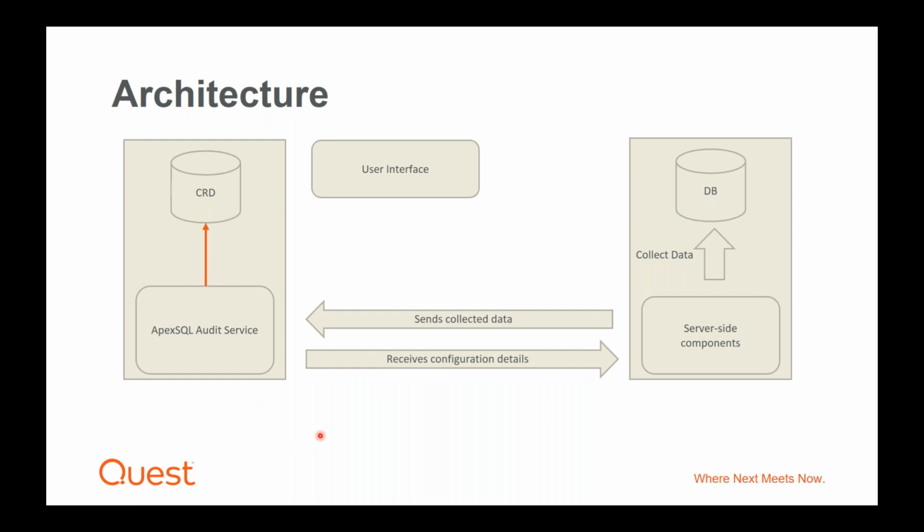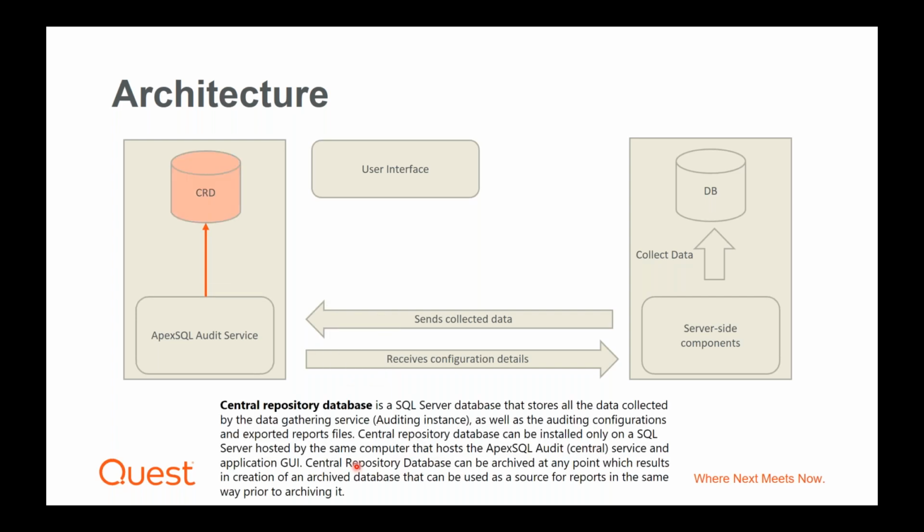That would give us what we call the central repository database, the CRD database, which is what I mentioned about being tamper evident. So if we tried deleting records in there, it would alert us that it's been tampered with. That will be the central database that we're going to report from.